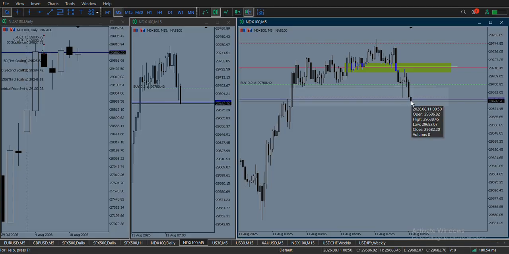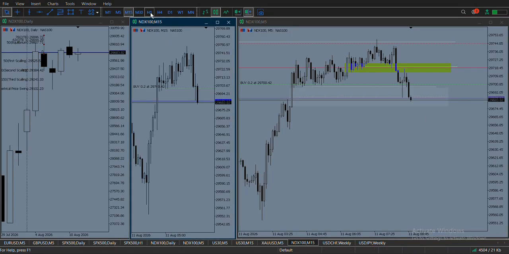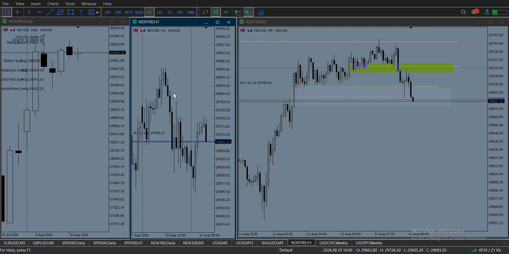So that 850 is in the marketplace, and you can see we are devouring the lower portion of that BC there. So you can see on the 1 hour, the weakness from yesterday is a continuation of the weakness with today's price action.